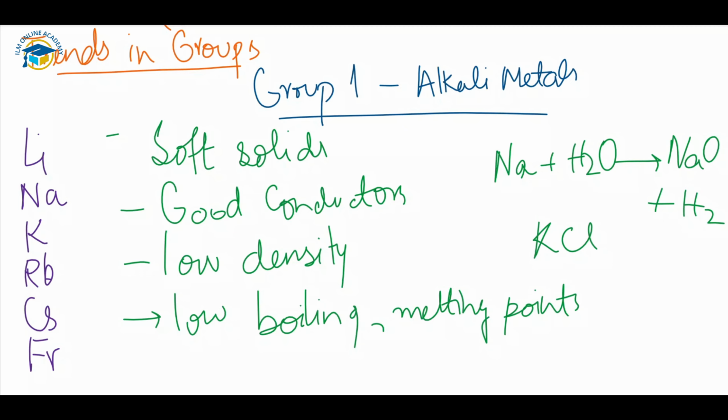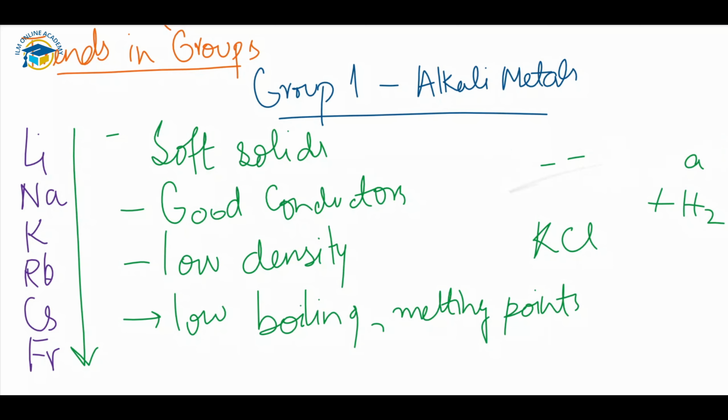And next we have several different trends down the group, that means from lithium to francium. Now we will discuss these trends. As we go down the group from top to bottom, the melting point decreases.